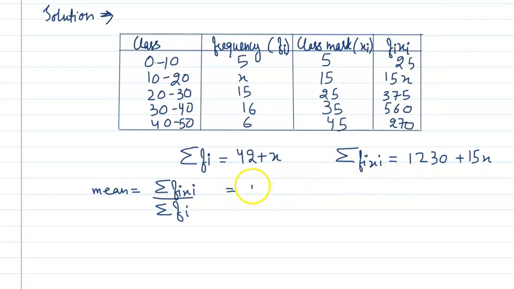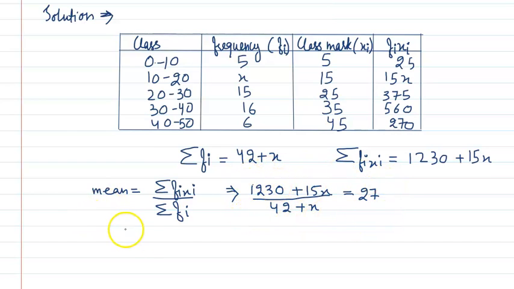Okay, so it will be something like 1230 plus 15x divided by 42 plus x. Okay, and हमें मीन की वैल्यू भी पता है, that is already given in the question, that is equal to 27. So अगर हमें सब कुछ पता है तो आपको जो फाइनल इक्वेशन मिल जाएगी, that will be this one. Okay, so we are going to solve this equation and find the value of x.